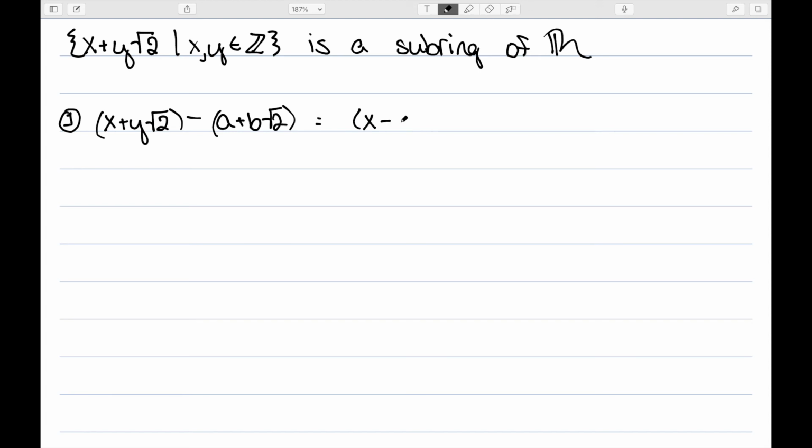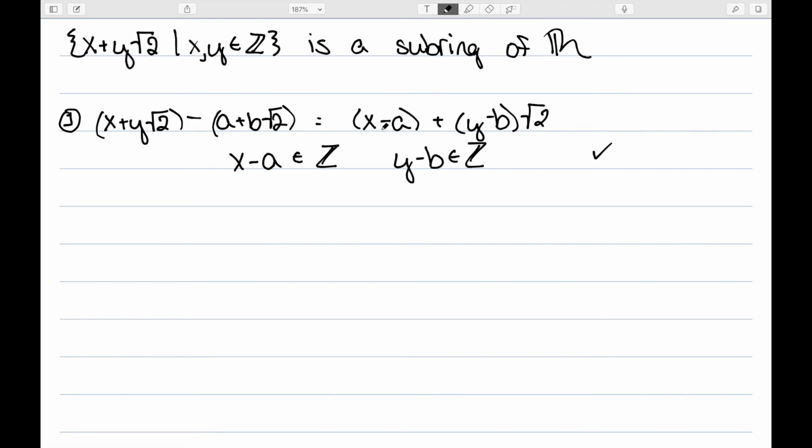When I do this, I get (x minus a) plus (y minus b) root 2. Since x and a are both integers, we know that x minus a is an integer. And since y and b are both integers, we know that y minus b is an integer. So this is still of the appropriate form, an integer plus an integer root 2.